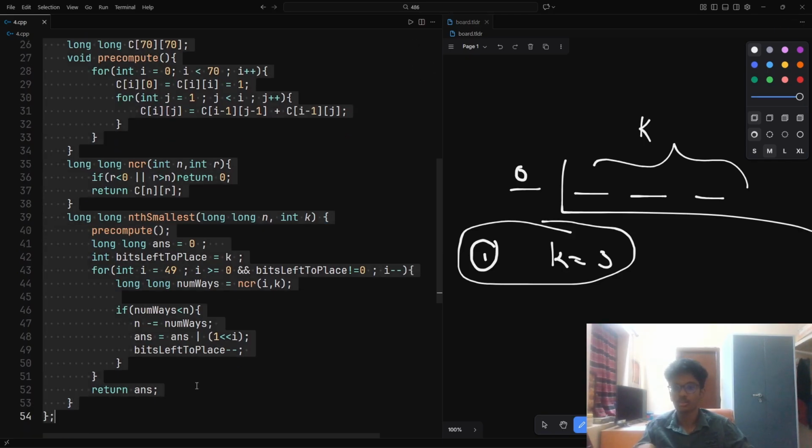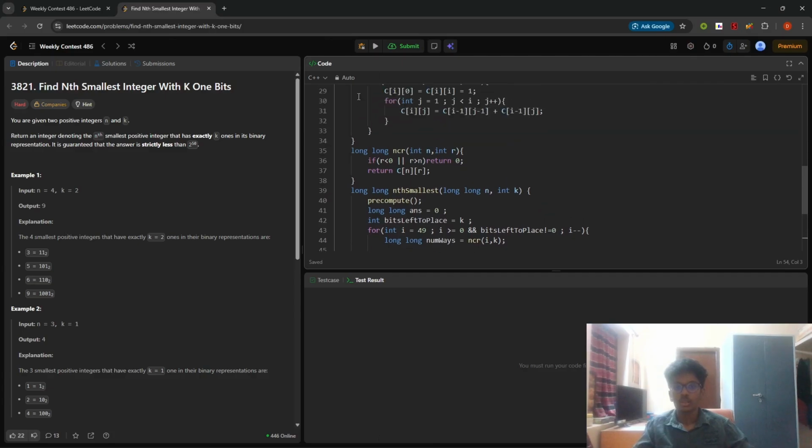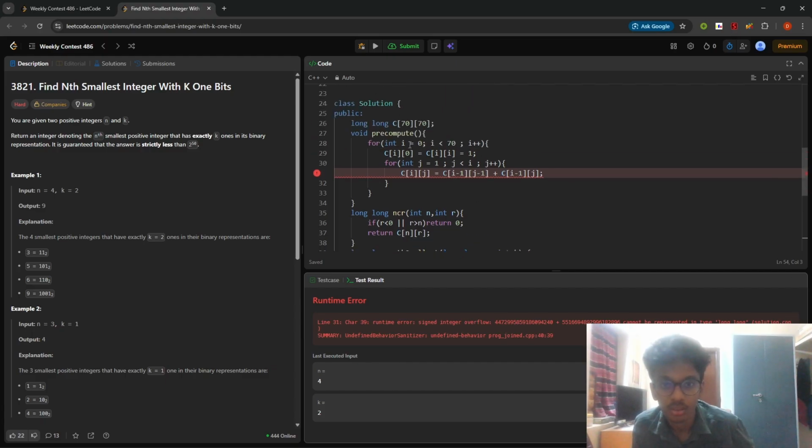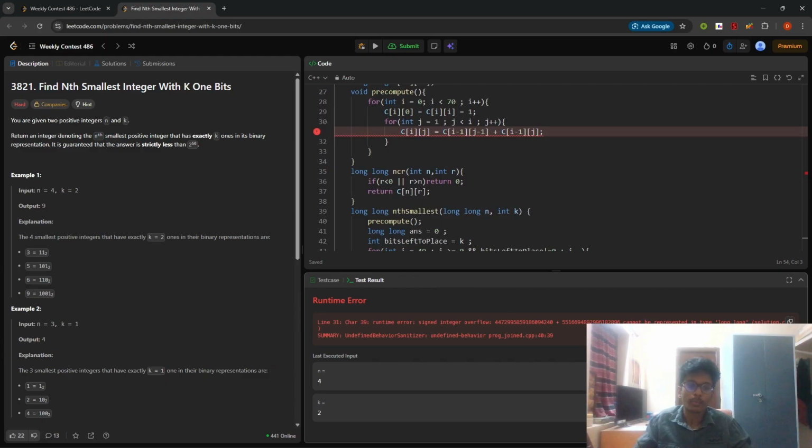Now let's try to submit this and check for any errors. So we got an error. Okay, so it says C of I minus 1, J minus 1 cannot be represented in type long.